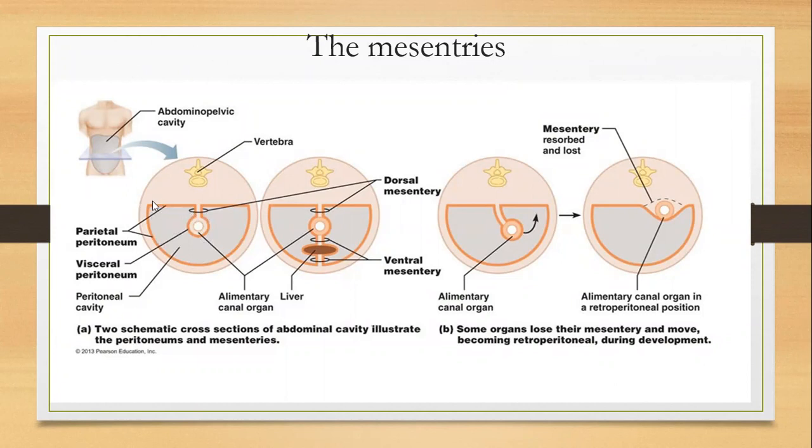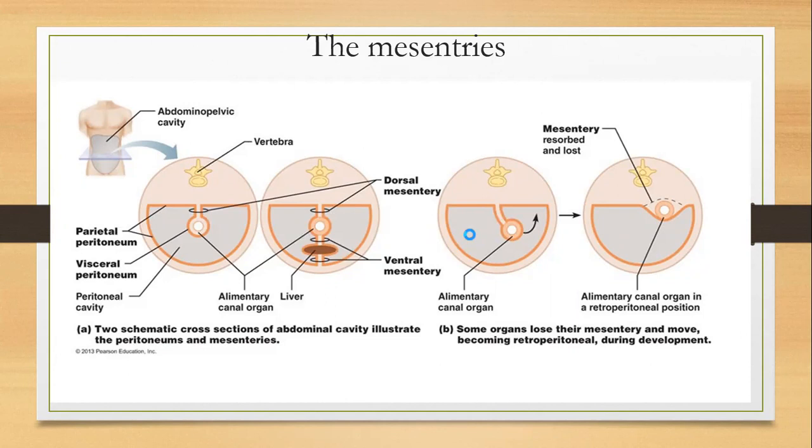On the one side of the peritoneal cavity, we have the parietal peritoneum, and then the one that is surrounding your intestines is the visceral peritoneum. And this is representing now the serosa, where the two come together and form a double membrane, a mesentery. And the mesenteries are the ones that are holding those intestines in place.